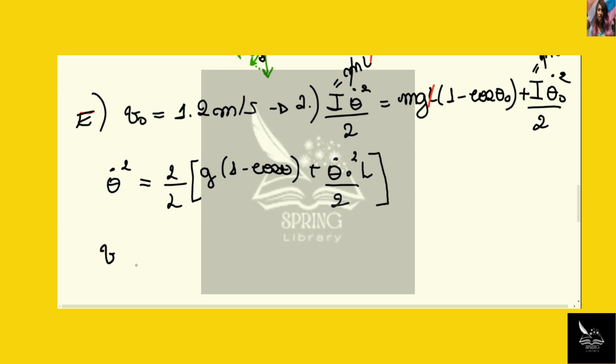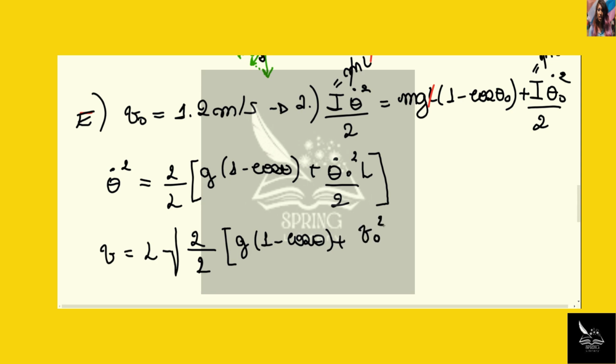The new velocity is going to be, I'm going to write just the expression, I'm not going to substitute the values, L times the square root of 2 divided by L times G times 1 minus cosine of theta plus V0 squared divided by 2L, square root of everything.